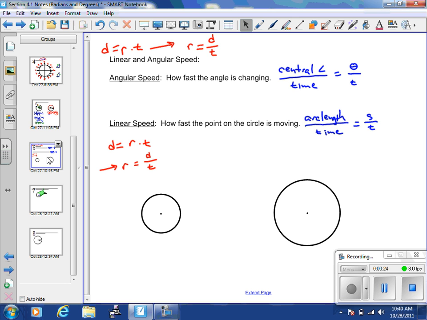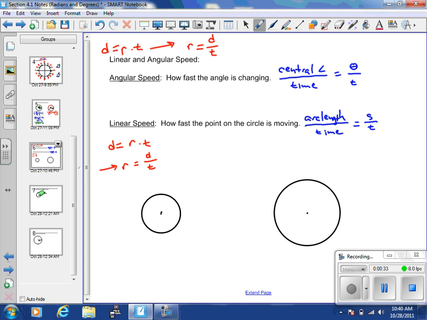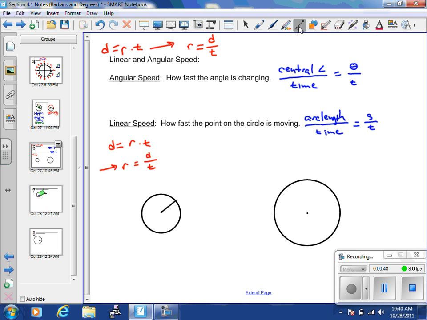We're talking about angular speed and linear speed, and this is referring to when we have a point, say for instance, if I have a segment from the center going off to the side on these circles, and I imagine that point revolving around like in a clock or perhaps on a merry-go-round or anything that goes in circular motion here.